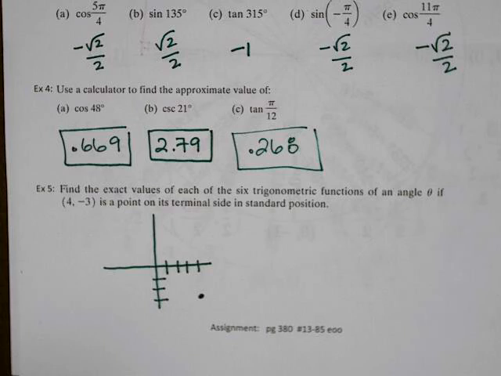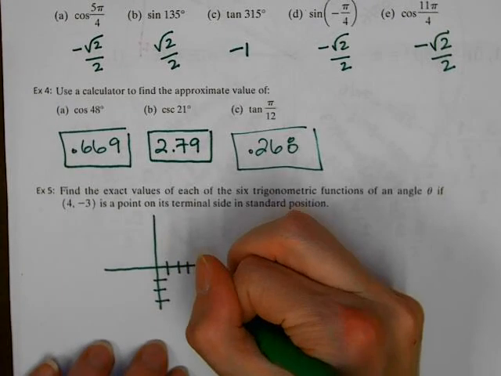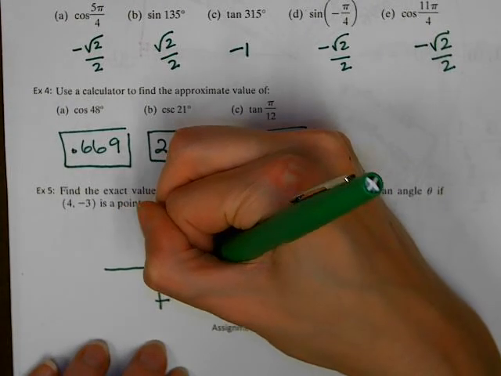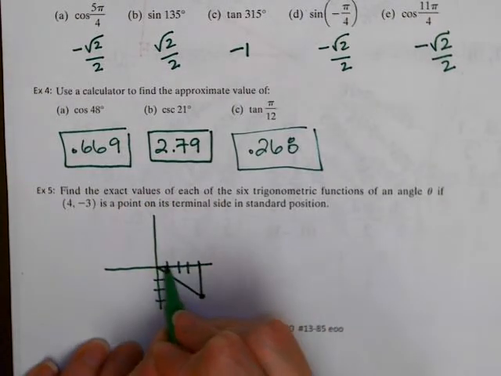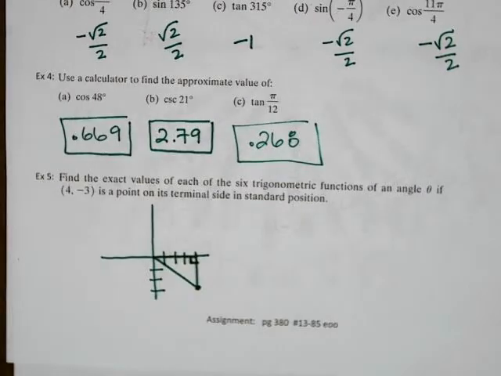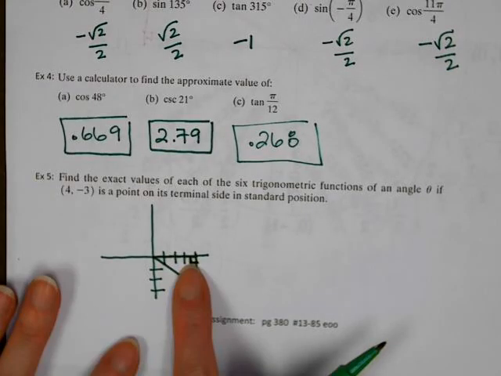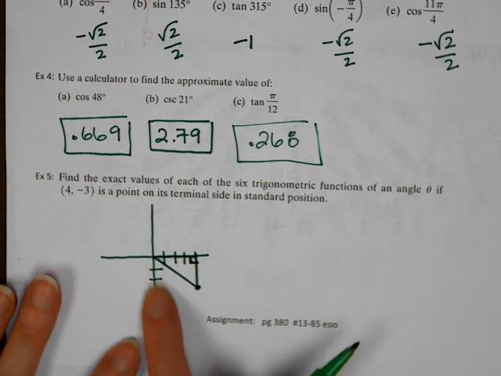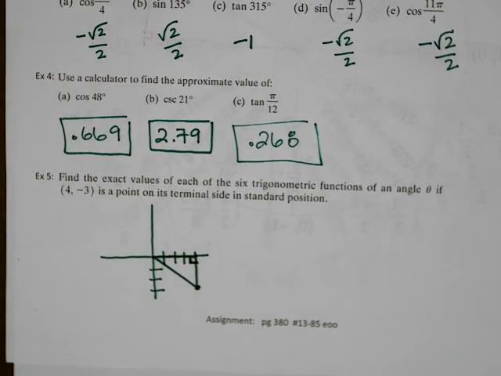And let's make a triangle where the reference angle is coming from the origin and the right angle is coming off of the x-axis. You always want your right angle coming off of the x, not the y. Okay, so let's call this angle theta.